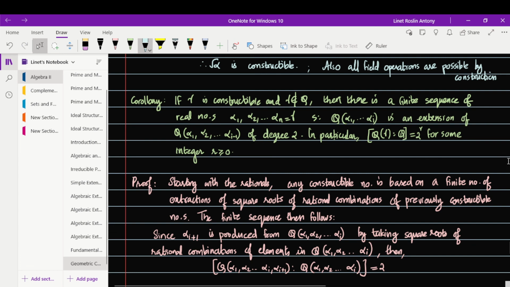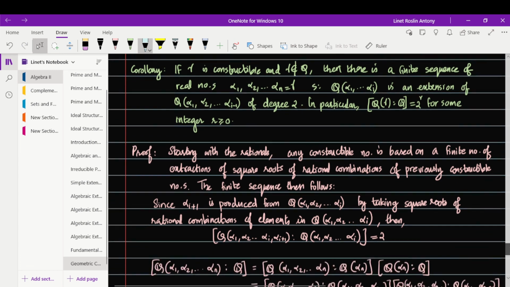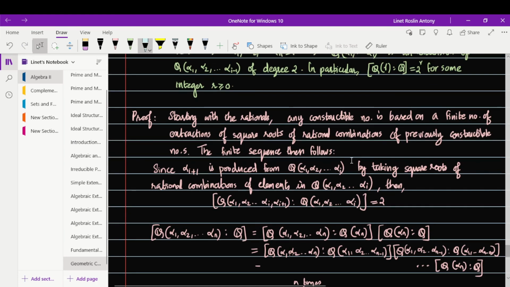So this corollary is actually a simple one. Starting with the rationals, any constructible number is based on a finite number of extractions of square roots of rational combinations of previously constructible numbers.